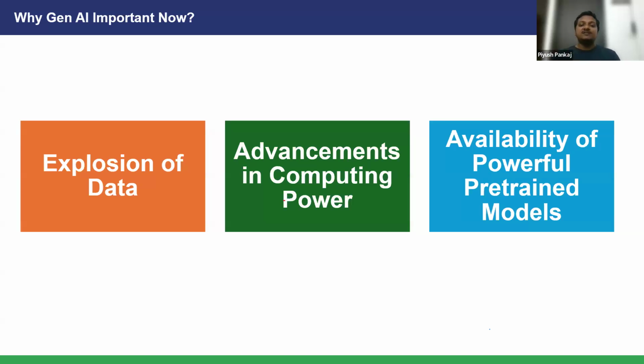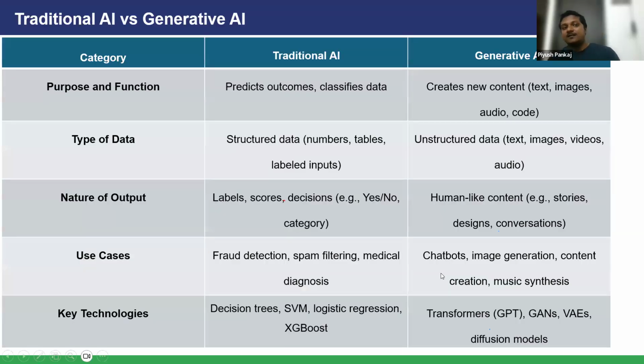Now we can see exponential growth in data, and that needs advancement in computing power, right? And the availability of powerful pretrained models helps us understand the data in less time and take decisions on the data in less time. Fine. So these are basically the advantages here.